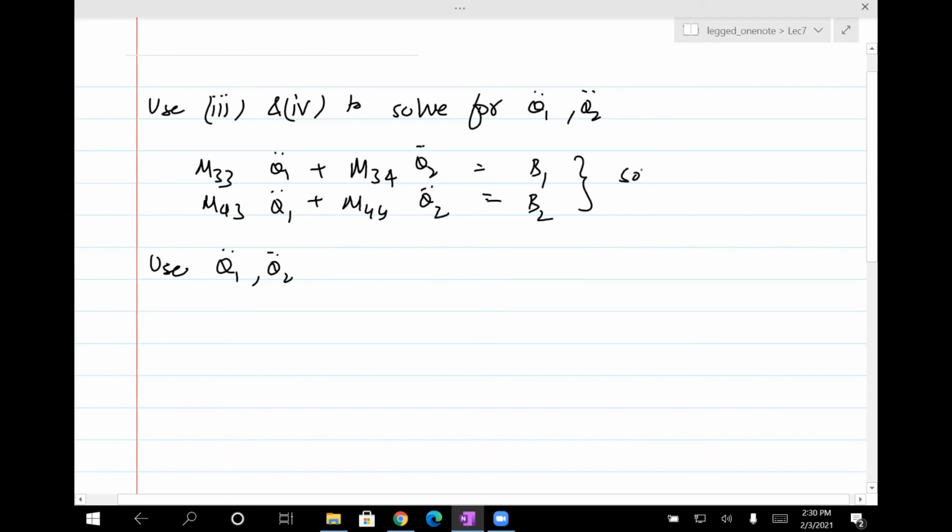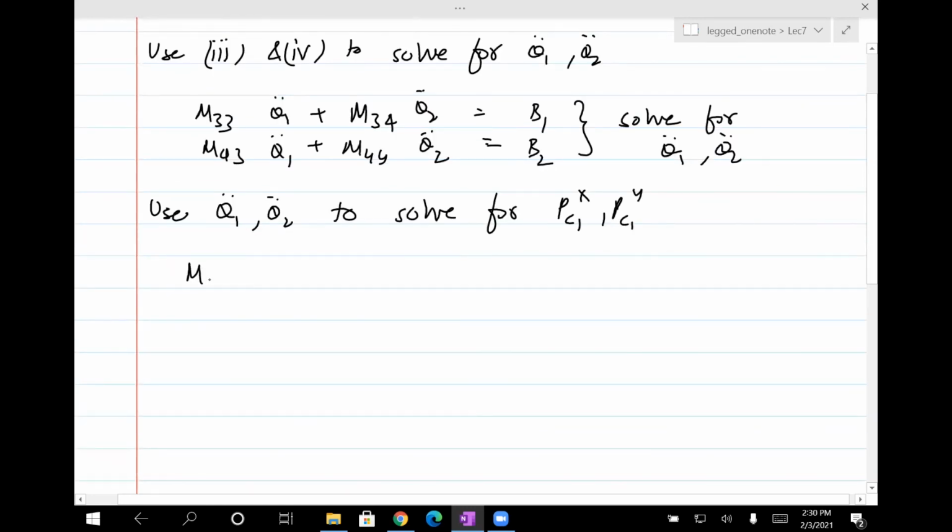So solve for theta 1 double dot and theta 2 double dot, and then once you solve for them, use those to solve for PC1x, PC1y. Okay, so how do you do that? Well, it's M11, theta 1 double dot, M12, theta 2 double dot.